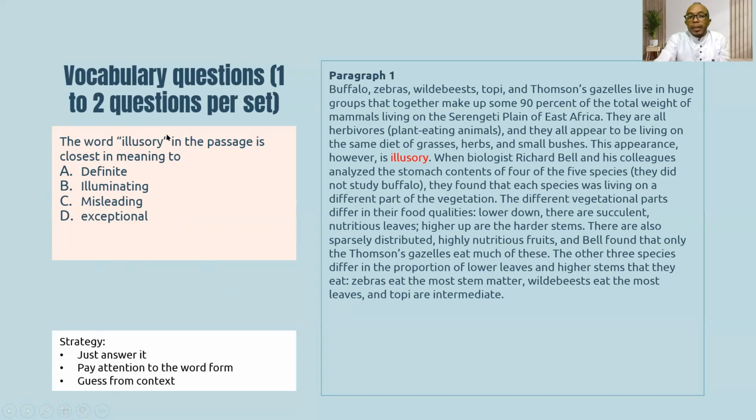So illusory, remember, a word ending in Y is usually an adjective. So you can eliminate words that are not adjectives. Now, in some cases, you will find that all of the options are in the same form. So you can then move on to the next strategy, which is to guess the meaning of the word from the context or surrounding sentences.